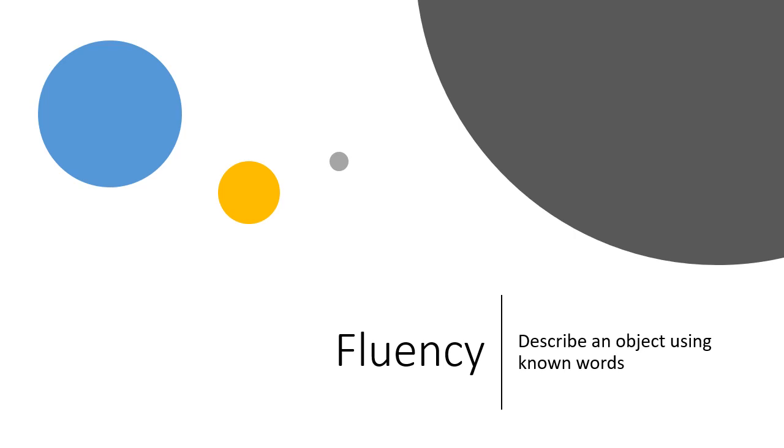For example, if we want to say umbrella, and we don't know the word for umbrella in Sanskrit, how are you going to describe it? You might know the word for sun, so we can try to say a vastu which is used to protect from the sun, to be in the sun, or to cover from the sun. There could be many ways in which an object can be described. So you can try to do that.